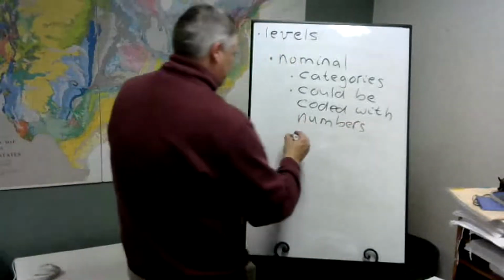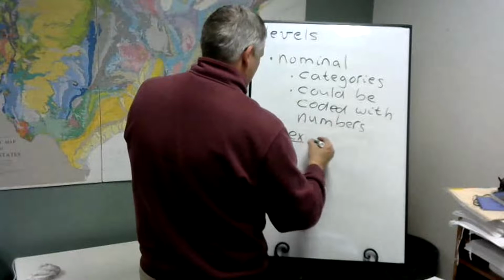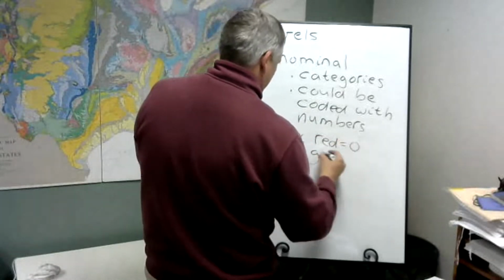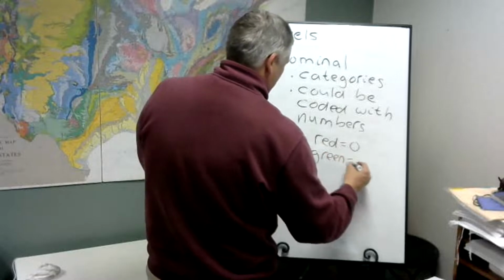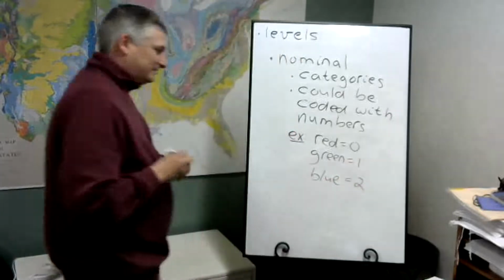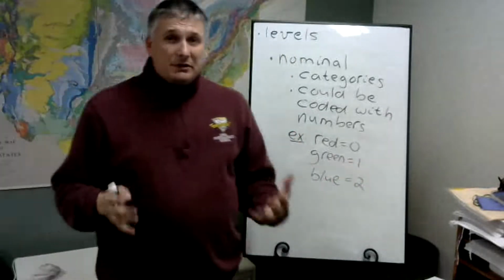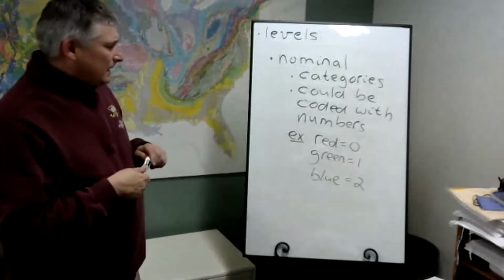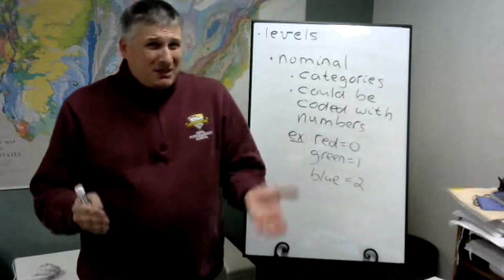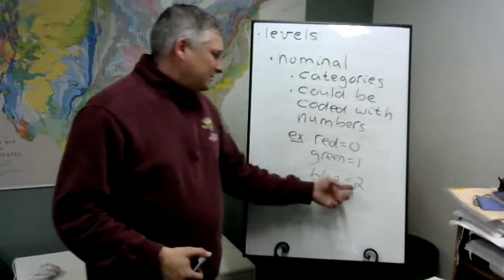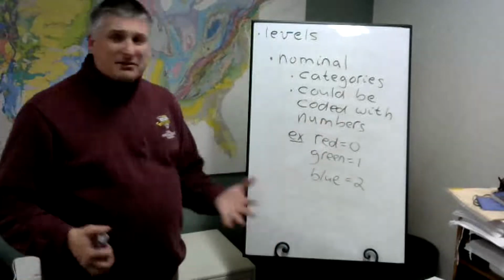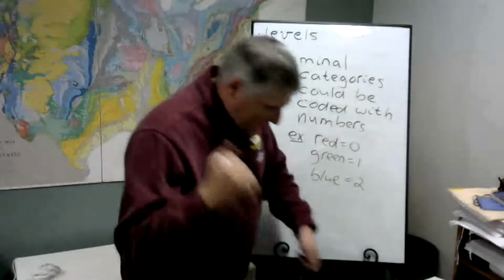So for example, we could say red is 0, green is 1, and blue is 2. And for whatever reasons, we decided to do this. Now, it doesn't mean if we took the averages of our recordings, that's going to be meaningful. And the range might not be meaningful either. So just because it's coded doesn't mean it has numerical value.